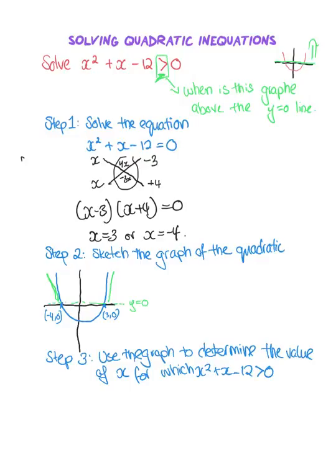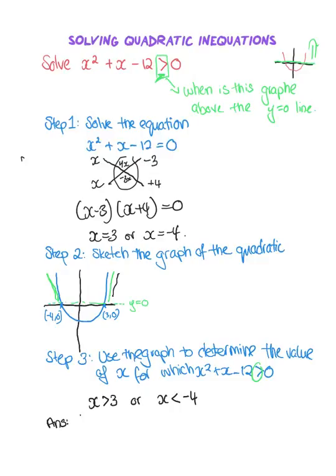In this question, because it's greater, we're going above. From the graph, we can see that the quadratic is greater than 0 when x is either larger than 3, or when x is less than negative 4.